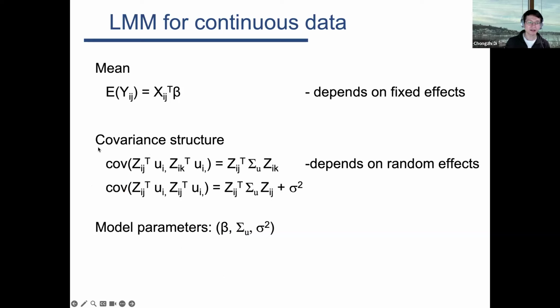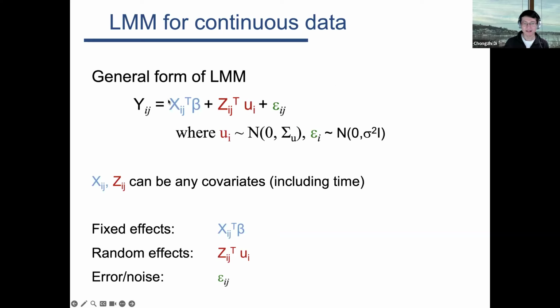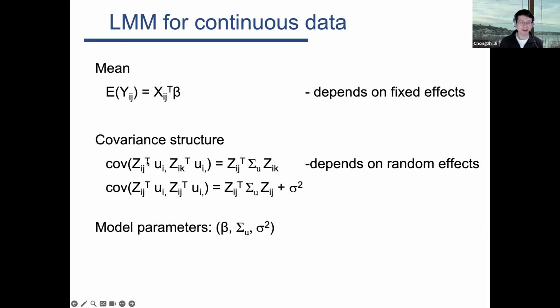But when you look at the covariance structure, these fixed values can drop out, right? So the covariance is really decided by the random effects and the residual terms. If you look at the covariance between two different visits, j and k, it's totally decided by the variance covariance matrix of the random effects and also the design matrix of the random effects.